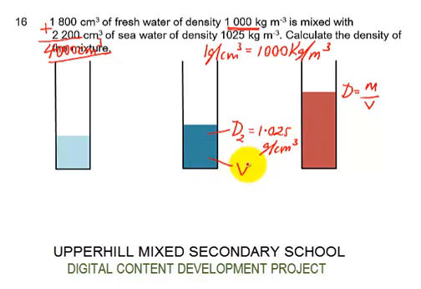Its volume, which is V2, is 2,200 centimeters cubed. So we can work out M2, which is the mass of seawater. Mass is density times volume. And because it's the mass of seawater, which we have called M2, then it is the density of seawater, which is D2 times V2.